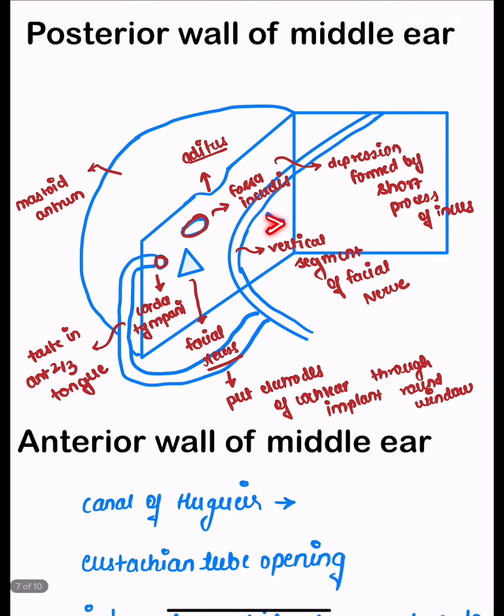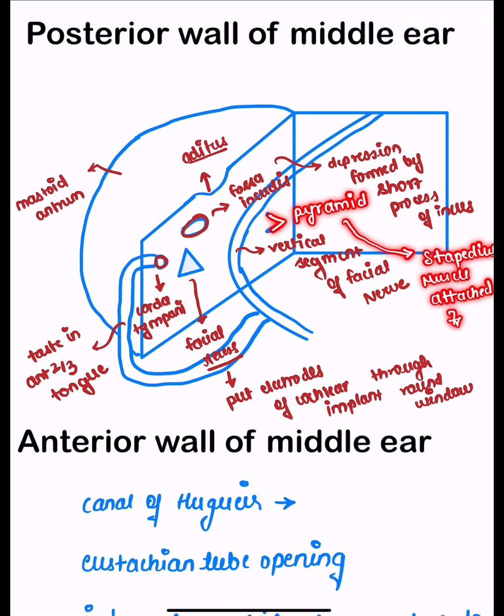This here, anterior to the vertical segment of the facial nerve, is known as the pyramid. Here the stapedius muscle is attached, which is responsible for the stapedial reflex.